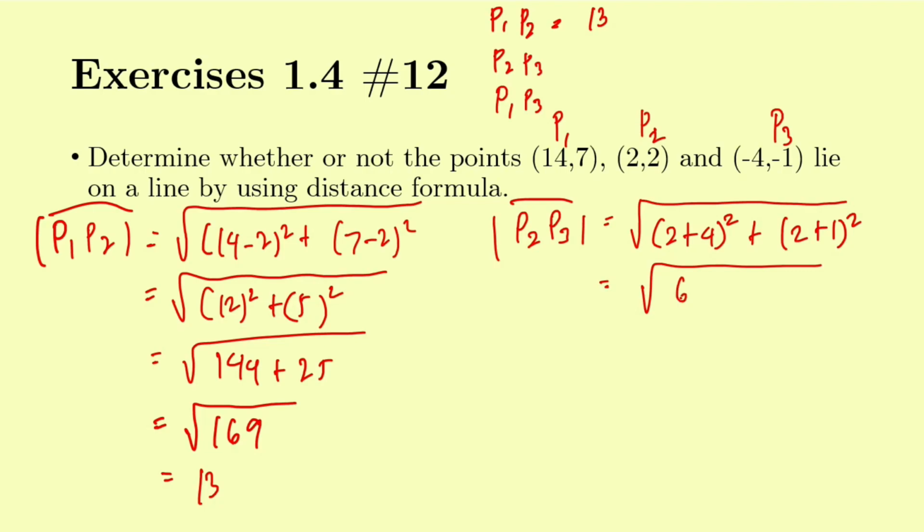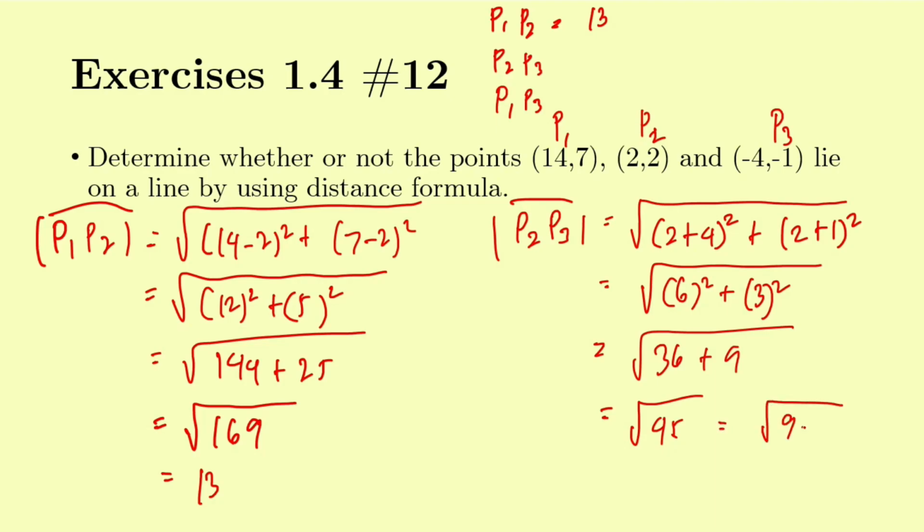That's equal to 6 squared plus 3 squared. And that's equal to 36 plus 9, which is 45. Since 45 is equal to the square root of 9 times 5, and 9 is a perfect square, we can express this instead as 3 square root of 5.